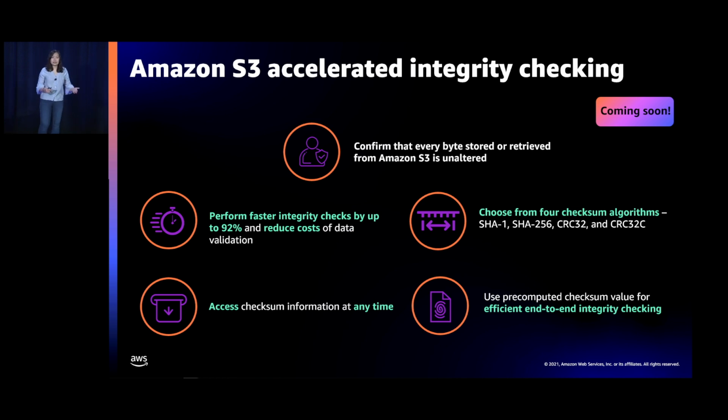S3's accelerated integrity checking supports end-to-end integrity verification for all the objects stored in S3, including multi-part uploads and encrypted objects, and it will be available to you at no additional cost. This feature will be launched soon, so stay tuned for the official announcement.